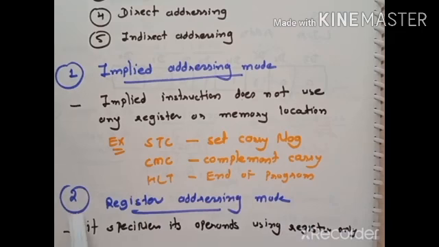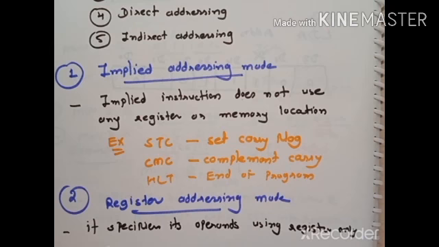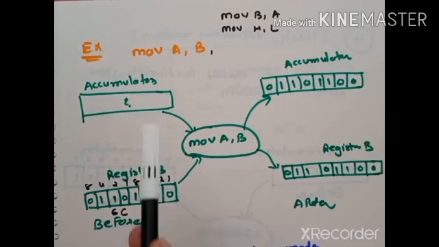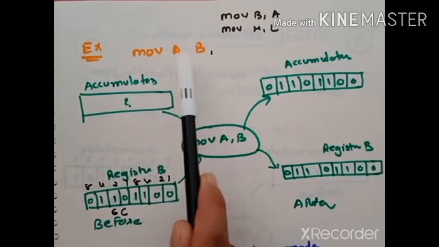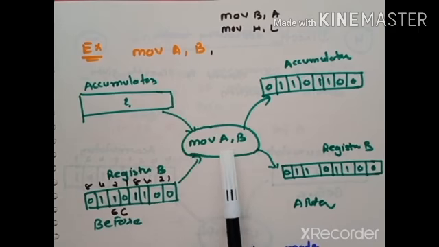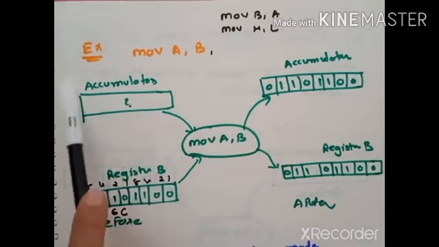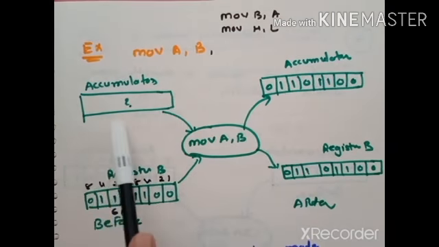The second addressing mode is register addressing mode. In this addressing mode, it specifies its operands using only registers. An example of that addressing mode is MOV A, B. Before execution of this instruction, the content of the accumulator is unknown.